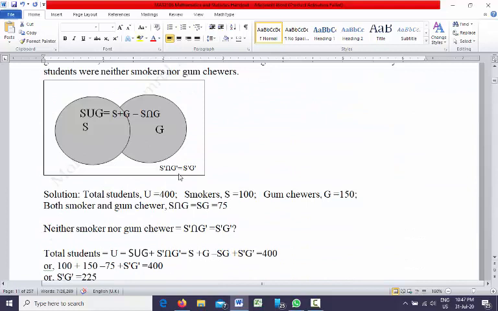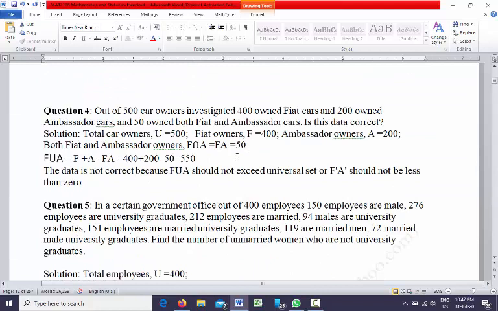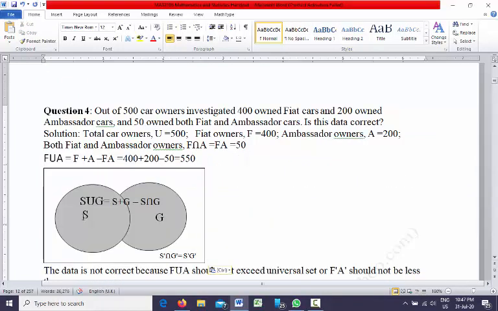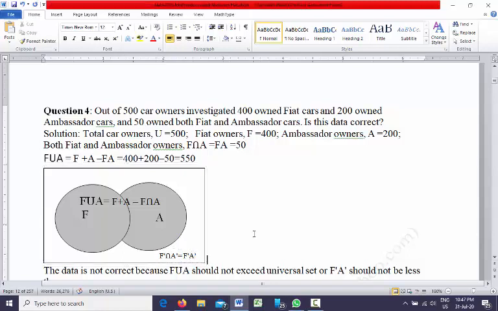Let me show you here. For example, this is F, this is A. So now pay attention.